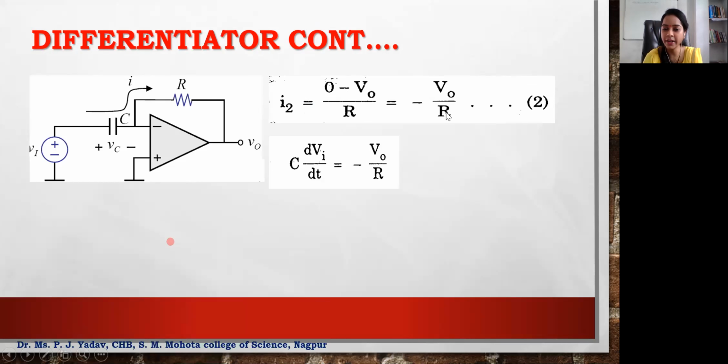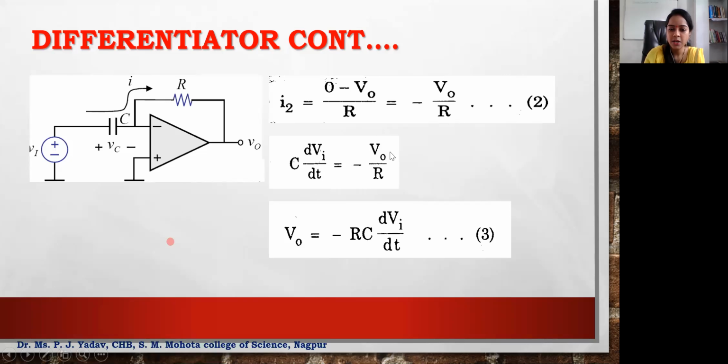So if we write this equation, in place of the current we have written C dVi by dt. It is equal to minus V out by R. So from this equation we extract V out. Just rearrange this equation and keep V out on this side.